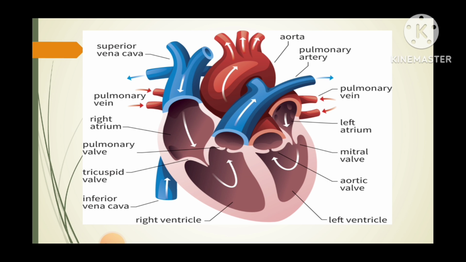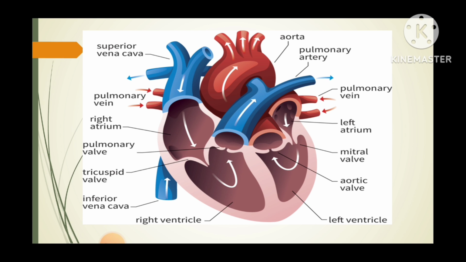Between the left auricle and the left ventricle, there is a valve, and the name of that valve is the mitral valve or the bicuspid valve. While the valve between the right auricle and the right ventricle is the tricuspid valve.